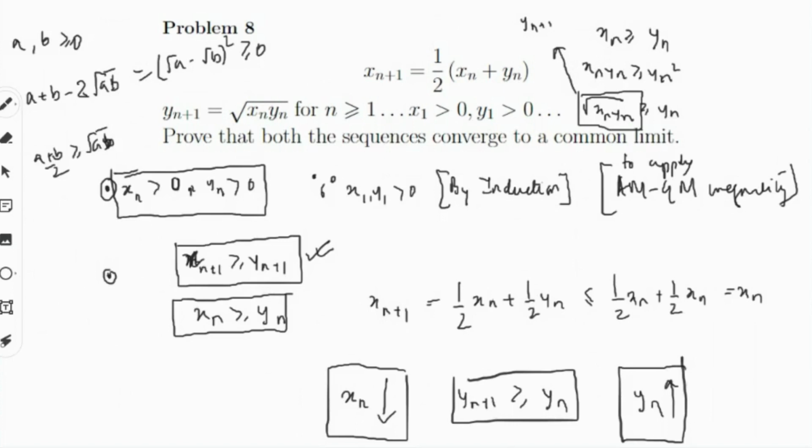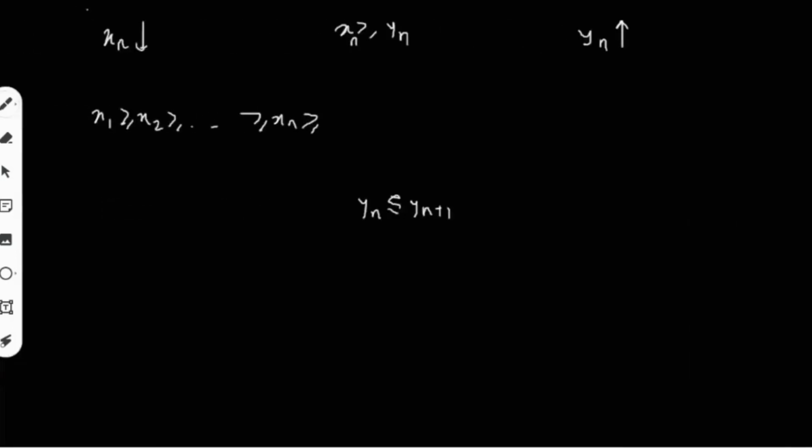The inequality continues on the next page. Here, after that this is xn plus 1, then yn plus 1. xn is greater than or equal to xn plus 1. Then xn plus 1 is greater than yn plus 1, yn plus 1 is greater than yn, yn is greater than yn minus 1, and so on, continuing up to y1.